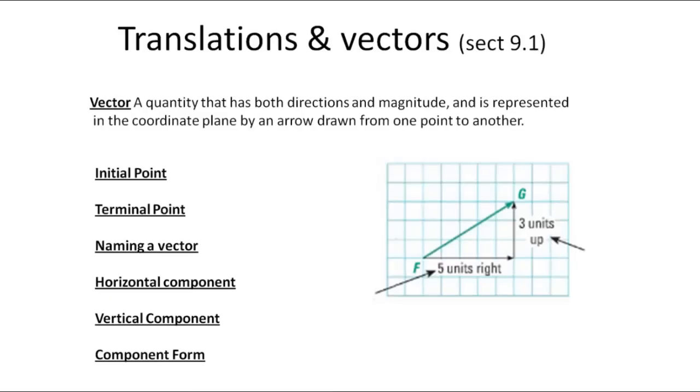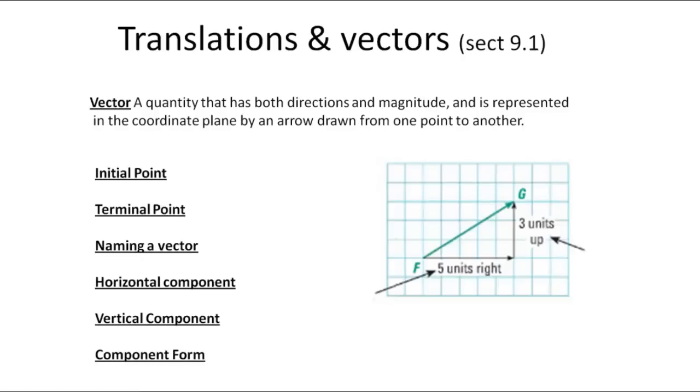Okay, since translations have always came pretty easy to you, in geometry we extend them to vectors. A vector is a quantity that has both direction and magnitude and is represented in the coordinate plane by an arrow drawn from one point to the other. We're going to cover very quick basic stuff about vectors, and basically when you see vectors, it's a translation.